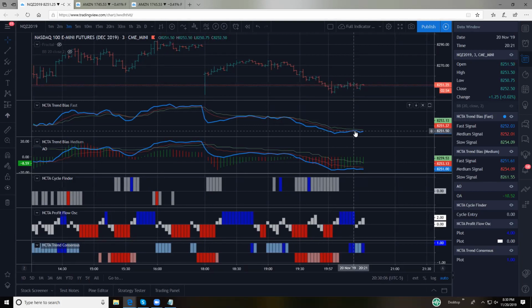But I like the options because if I have enough time to expiration, the same signal that I might take a futures trade on, I can take as an options trade. There's not the same amount of immediacy in terms of follow through and needing to have that trade move favorably.